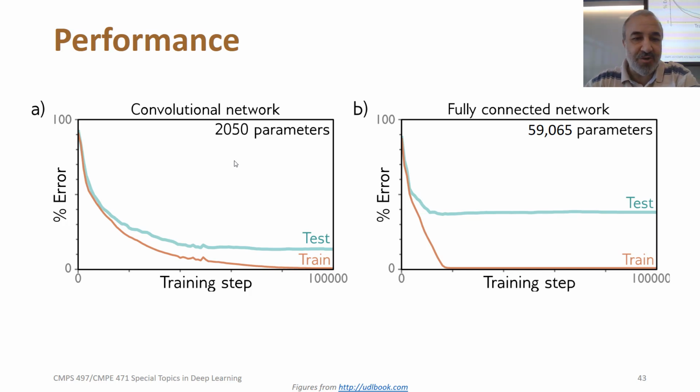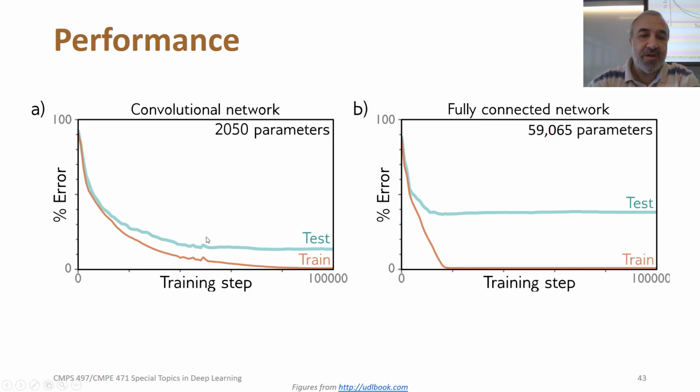Okay, so on the left, this is the convolutional network, 2050 parameters. On the right, the fully connected network, the 59,000 parameters. And what do you see? Which one is better? This is error. Okay, so the performance measure here is error, so low values are better.